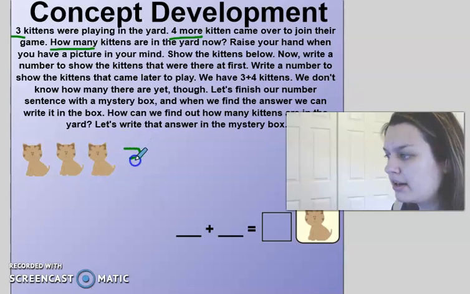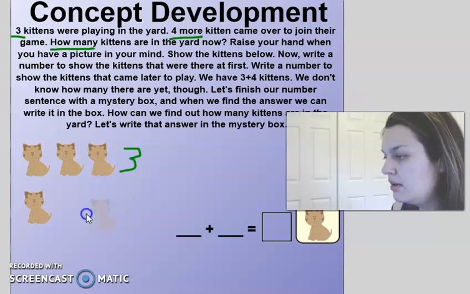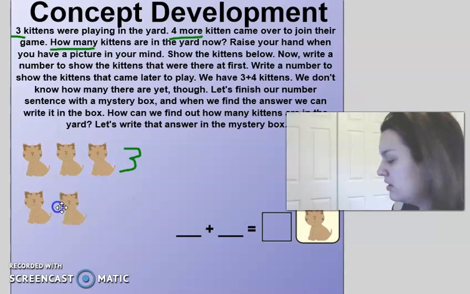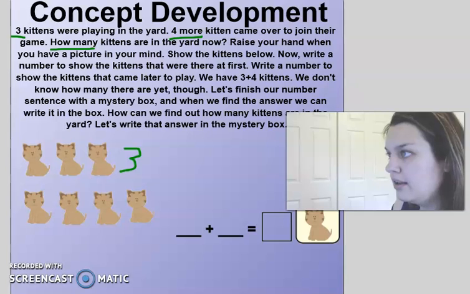Because that helps make our number sentences much easier. We don't have to go back and count. And then we had 1, 2, 3, 4. Okay, and let's write that. What's that number? How many kittens? 4.